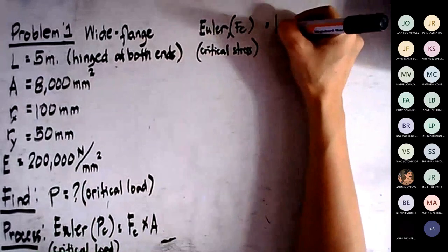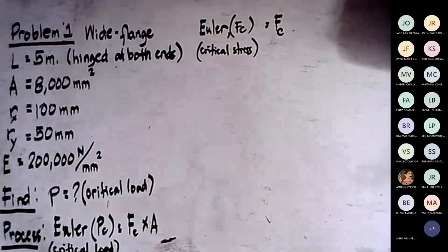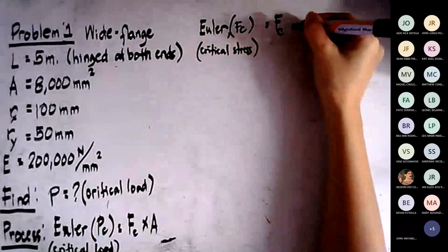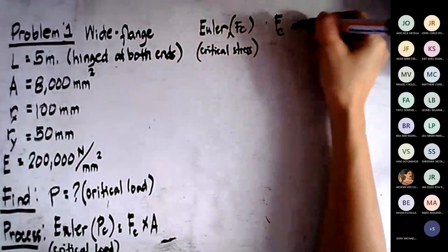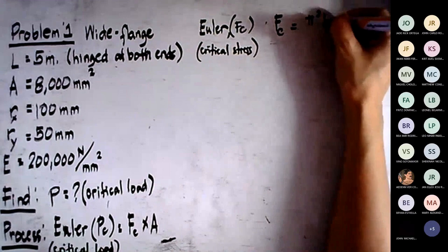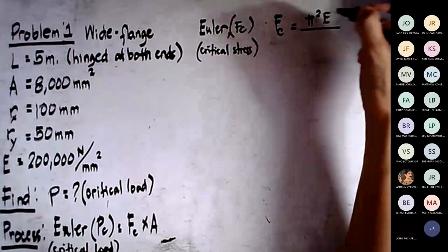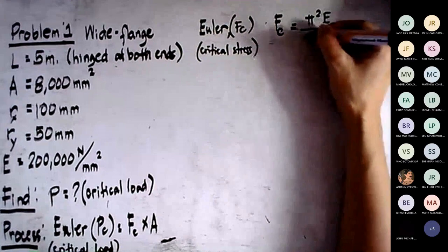We will have this formula, F sub C, which is equal to pi squared E all over (KL over R) squared.